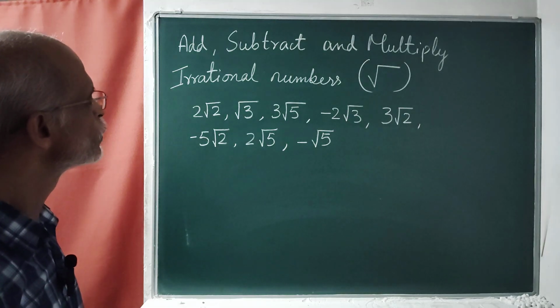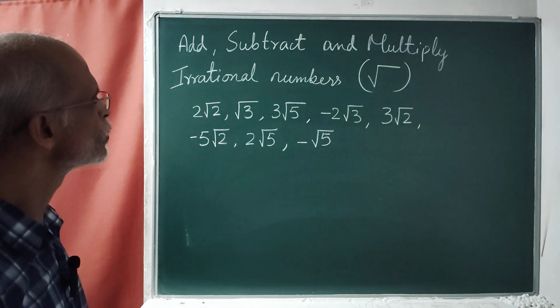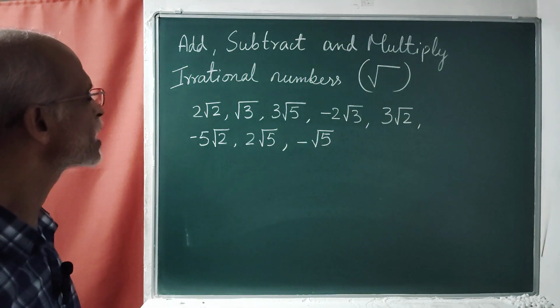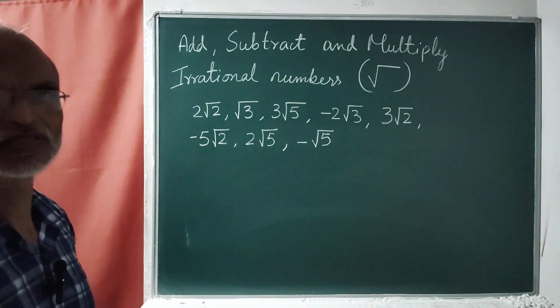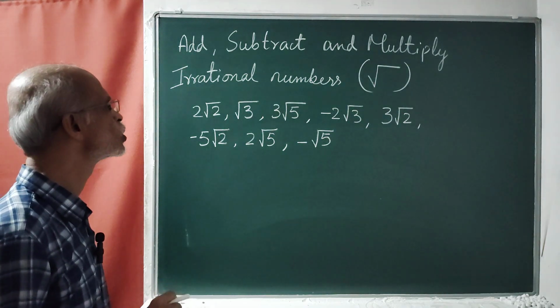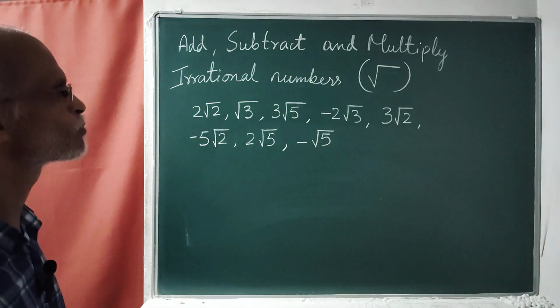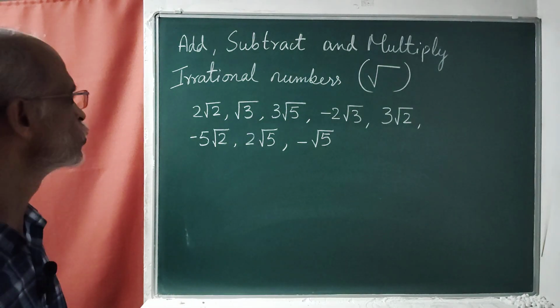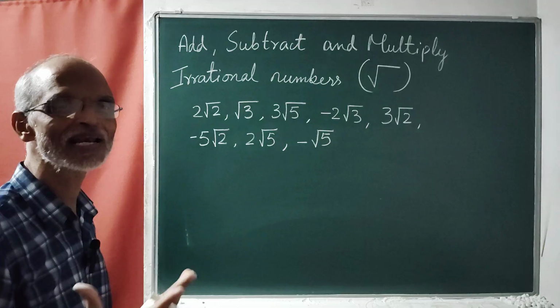Now, we should group them into like terms. We should pick out the like terms and put them together. First, we should know how to find which are like terms.